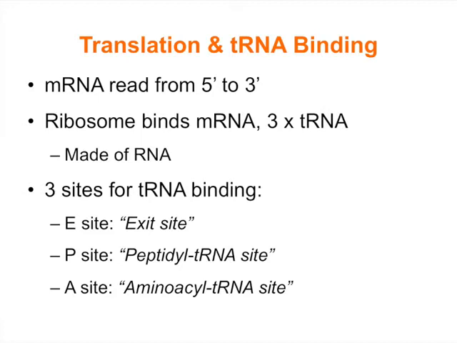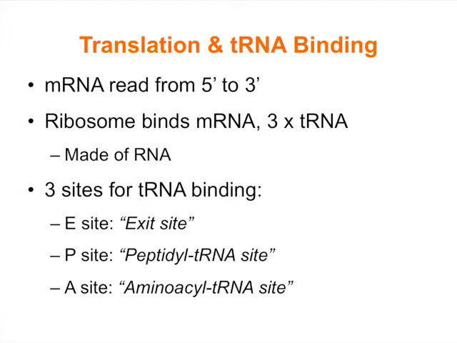Now, at any one time, 3 tRNAs bind the ribosome, and there are 3 binding sites related to the job of that tRNA. So the first one is the exit site, or the E site. A tRNA bound here has already transferred its amino acid. The middle site is the peptidyl tRNA site, where the evolving, elongating protein chain is currently held.